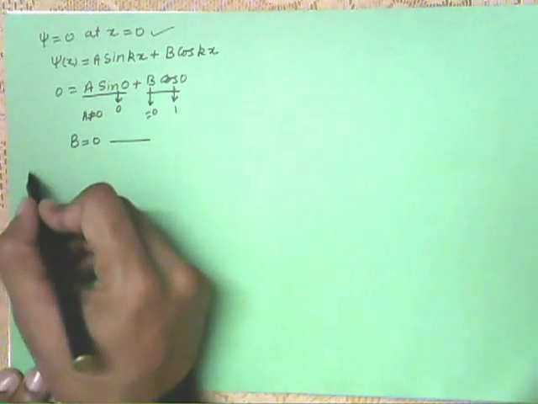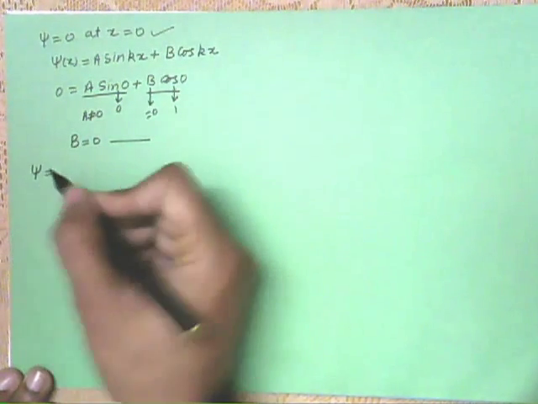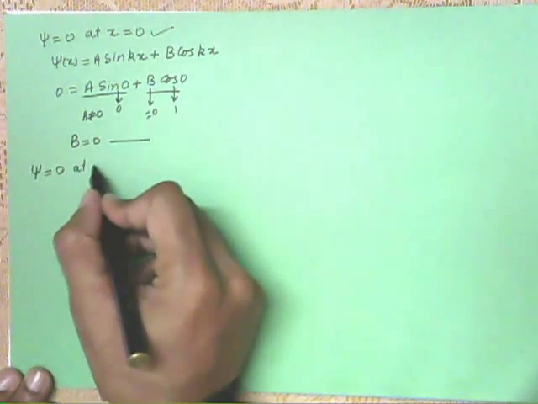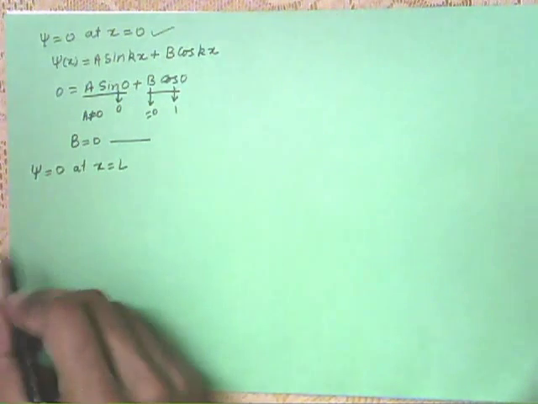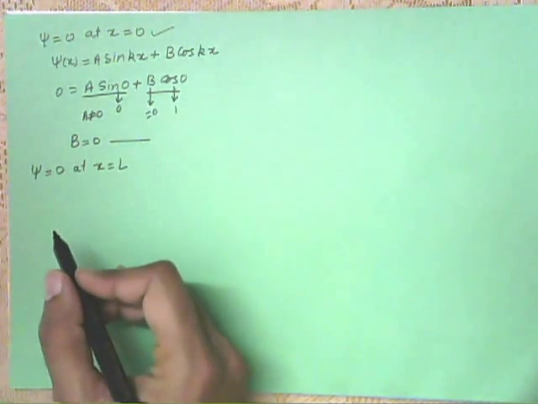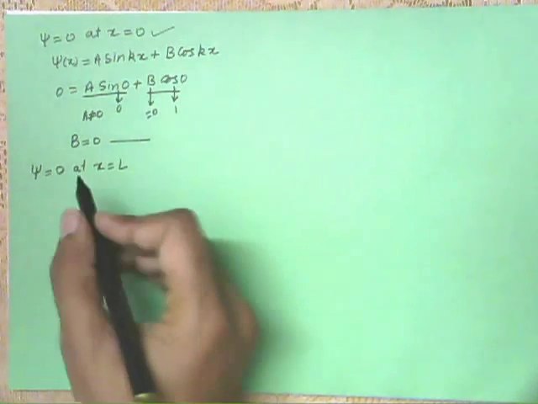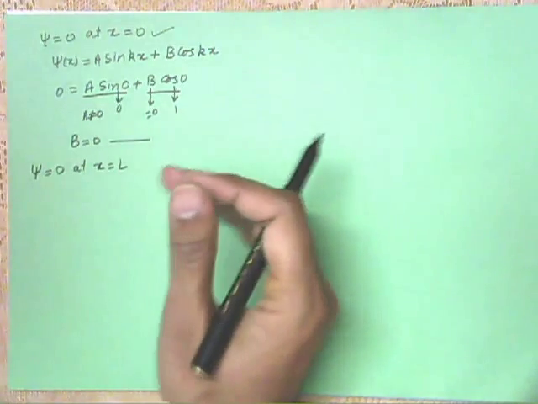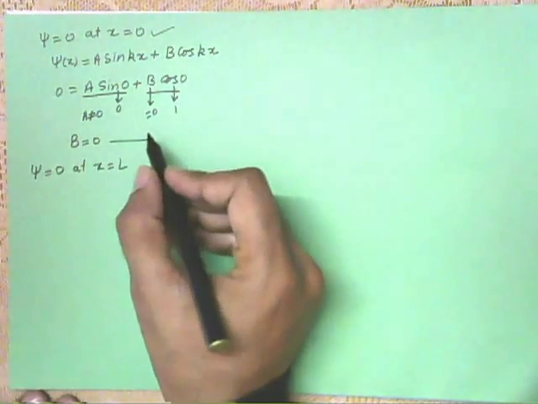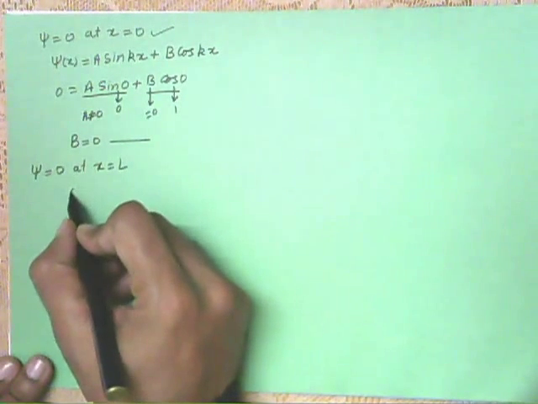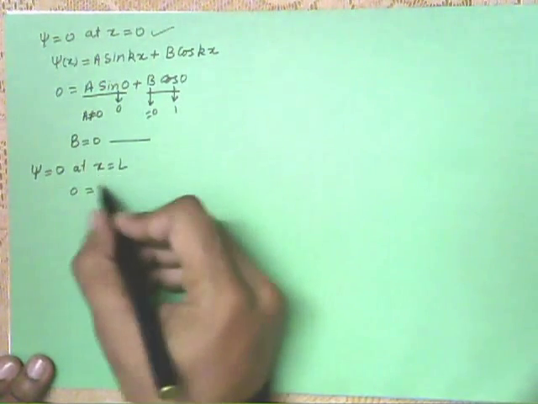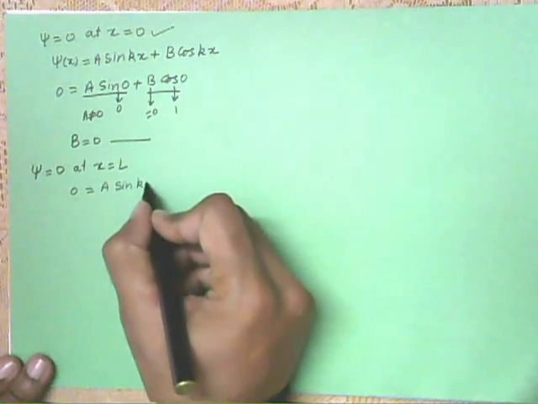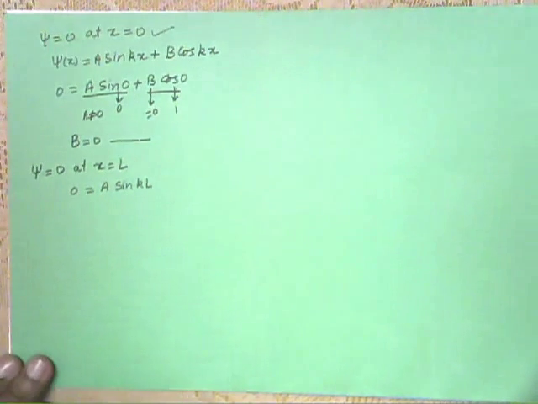Now applying the second boundary condition, when x is equal to L, at that time psi is equal to 0, and hence the wave function becomes A sin kL.